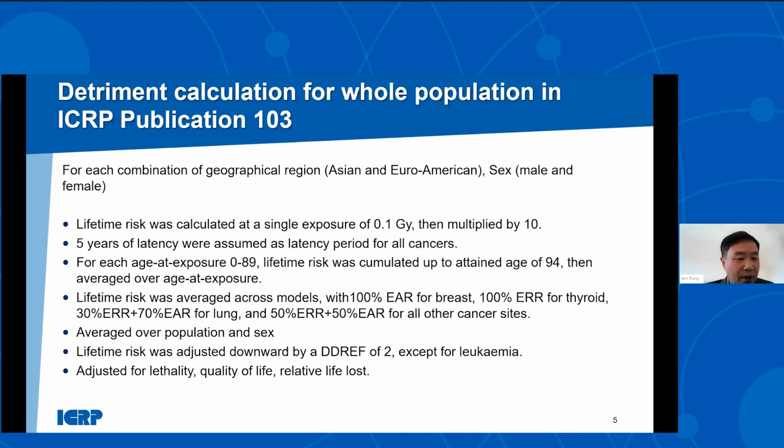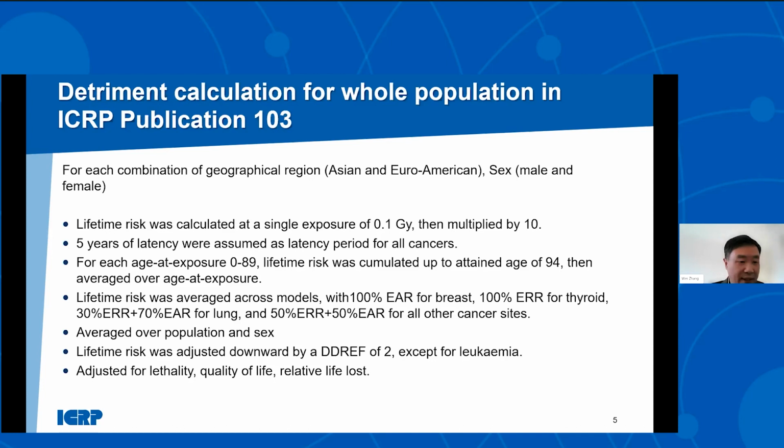Then the lifetime risk was averaged across risk models, with a 100% EAR model for breast cancer, 100% ERR model for thyroid cancer, 30% ERR plus 70% EAR model for lung cancer, and 50% ERR and 50% EAR models for all other cancer sites.